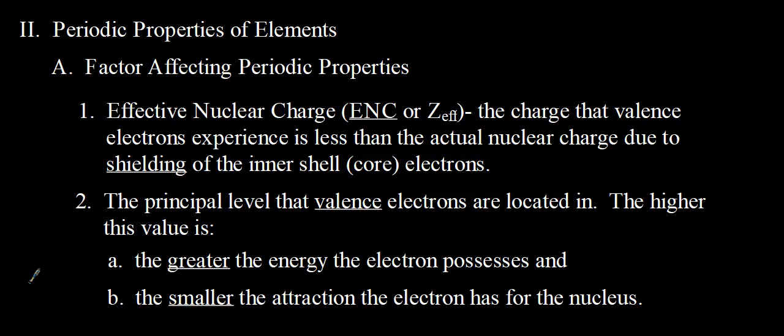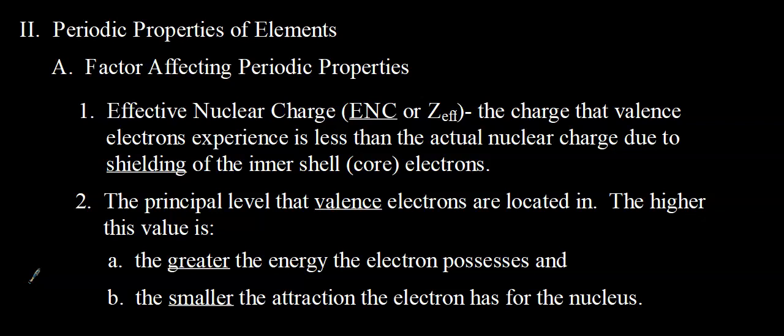The outer electrons' attraction to the nucleus is partially blocked by inner electrons, and so they don't feel the full strength of the nucleus because of that. And so this is known as effective nuclear charge. This idea that the valence electrons are less attracted to the nucleus as you increase the number of core or inner electrons is known as the shielding effect.